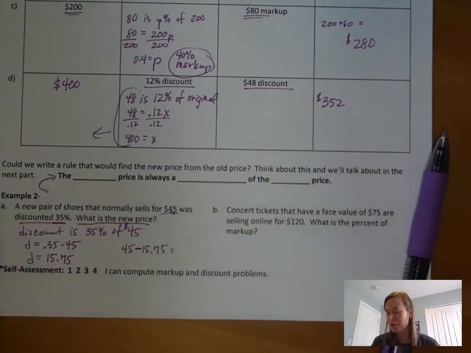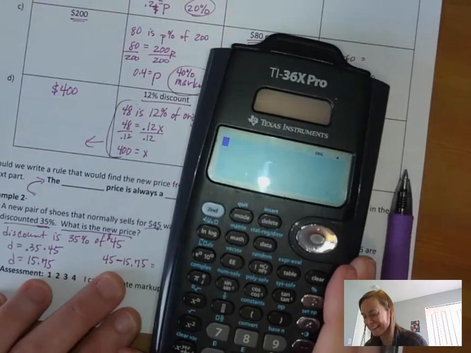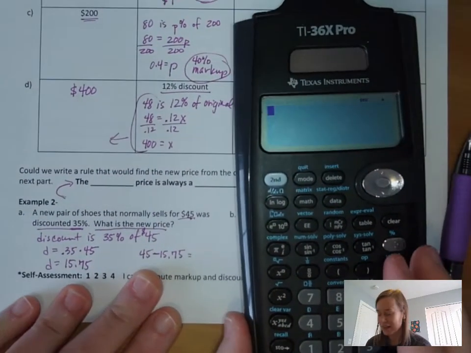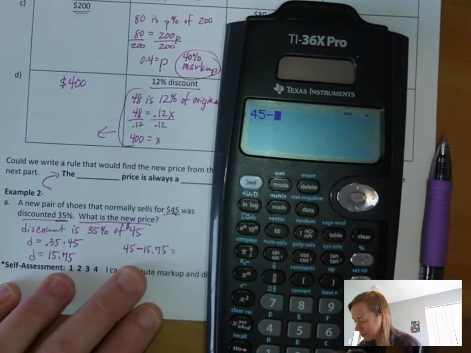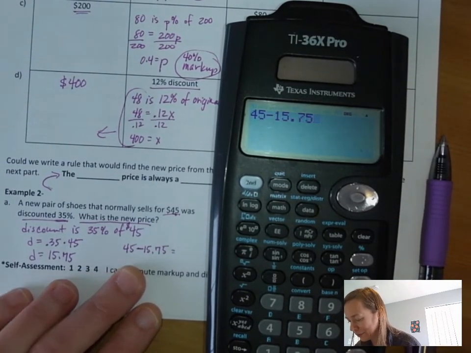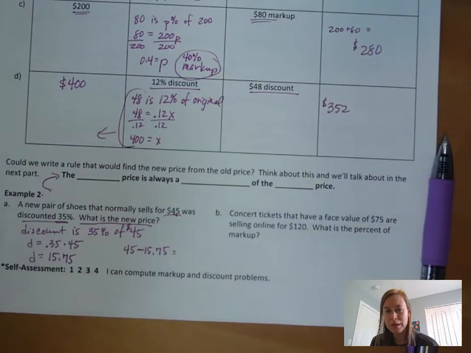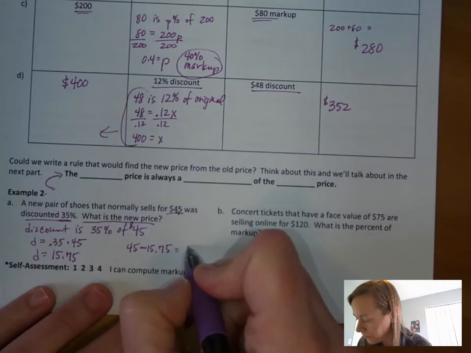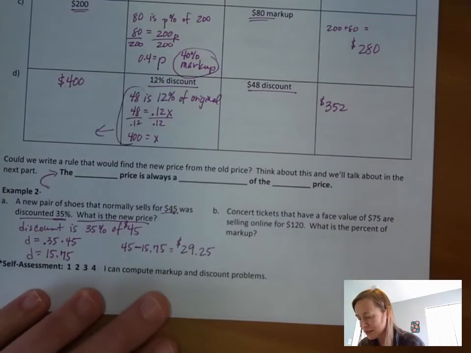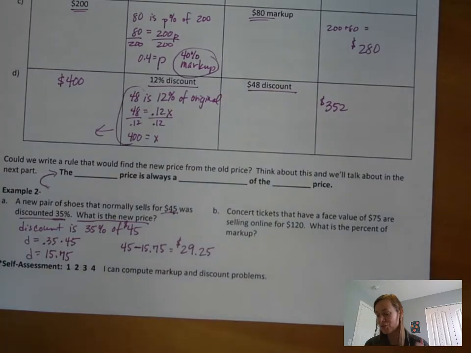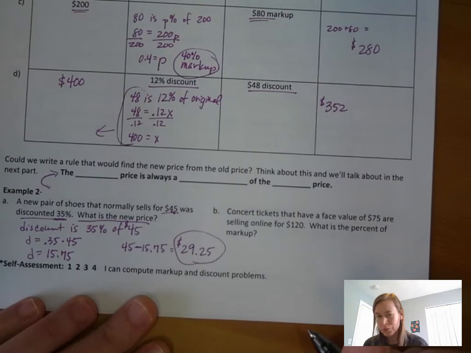And if you ever wonder if stores do it this way so that you can't really do the math very well in your head, well, I wonder also, because it's a little bit complicated, but now we all have calculators in our pockets with our smartphones, so that does kind of help. So 45 minus $15.75 is going to give us $29.25. Okay, so that pair of shoes is now $29.25.